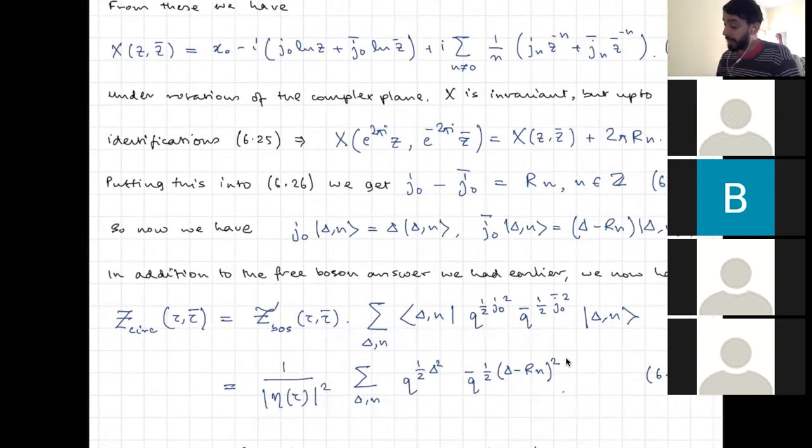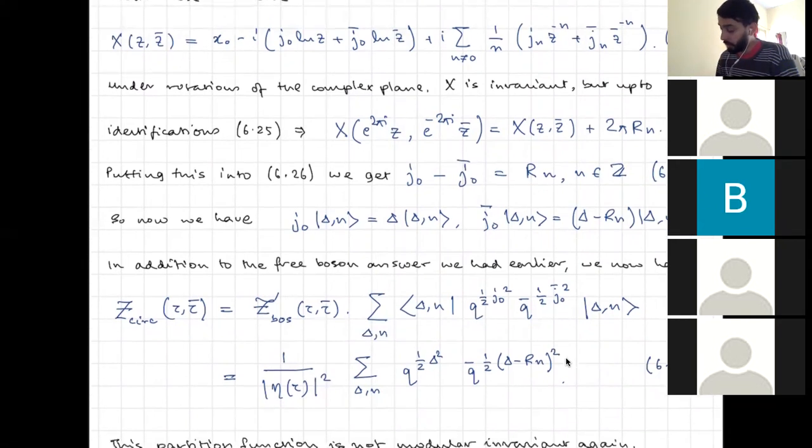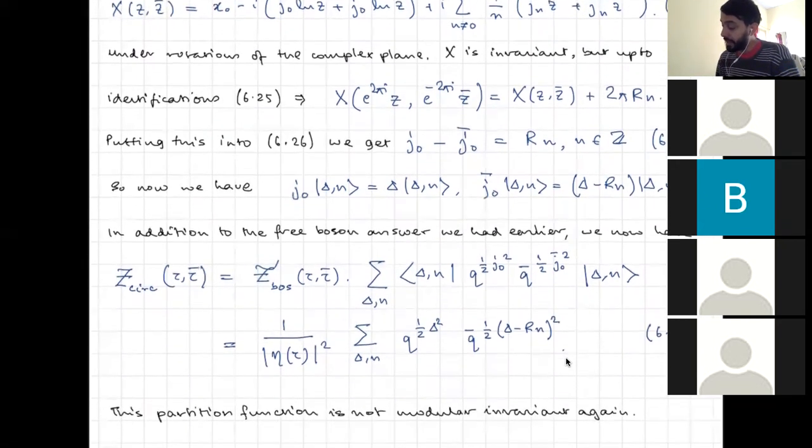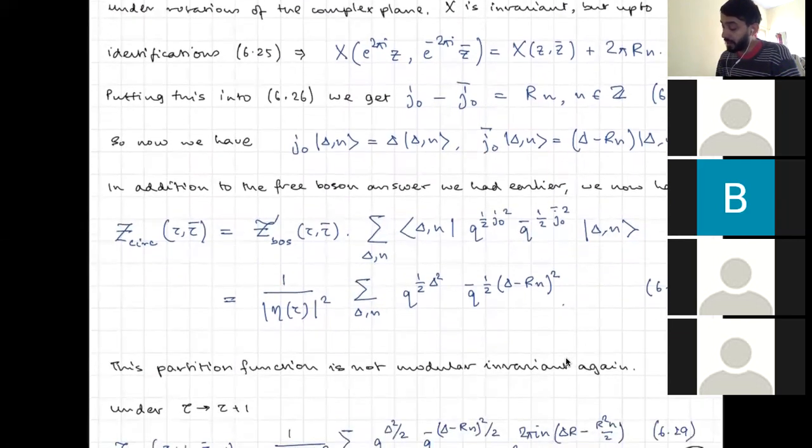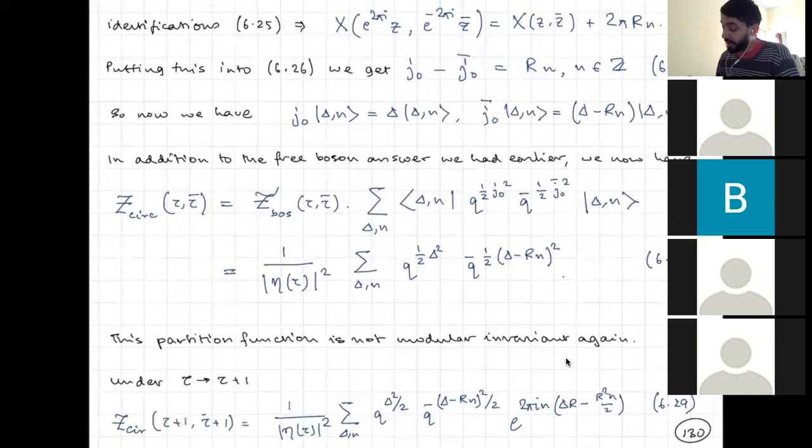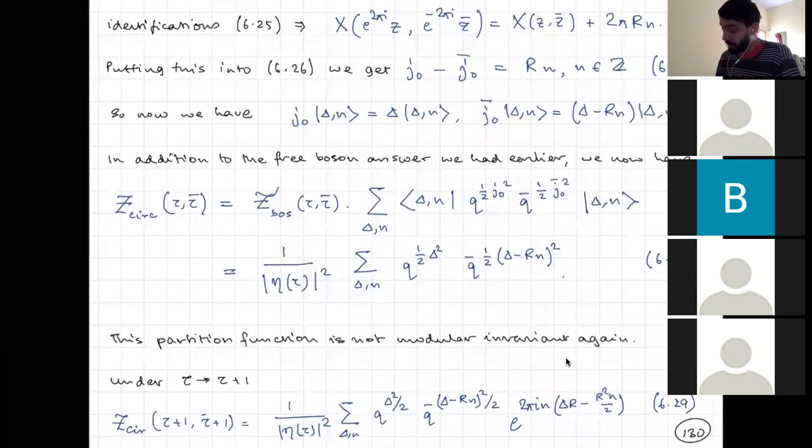Now again we demand modular invariance, and what we see is that under the T transformation, the circle partition function picks up a phase. We need this phase to vanish in order for this to be invariant.